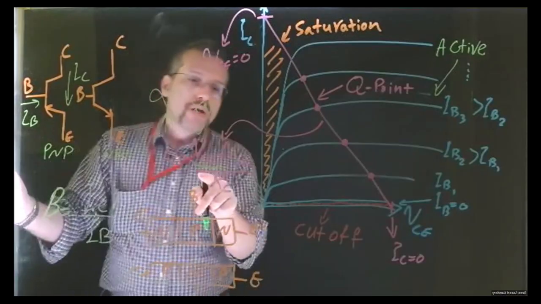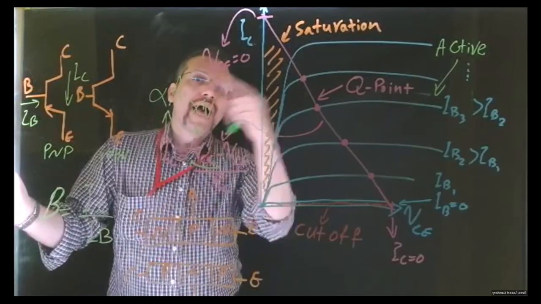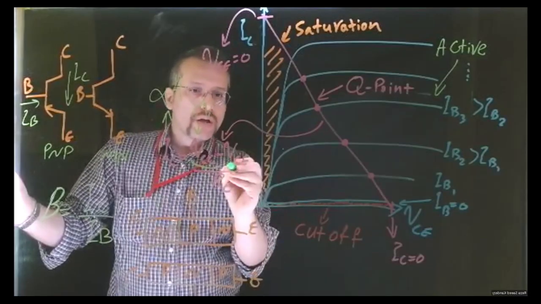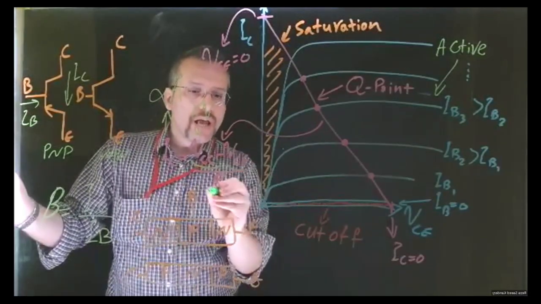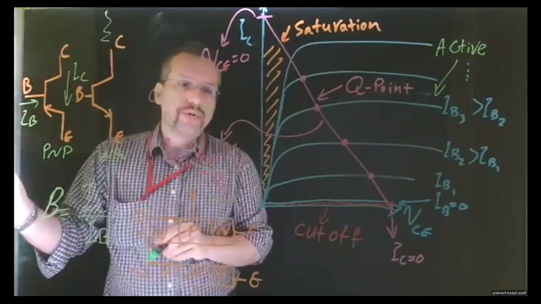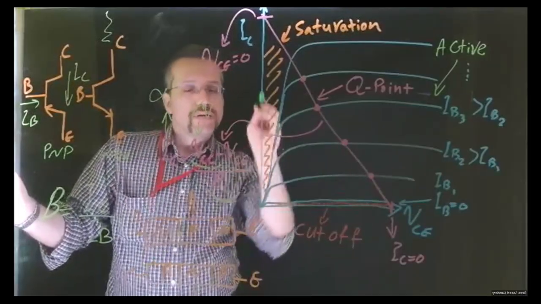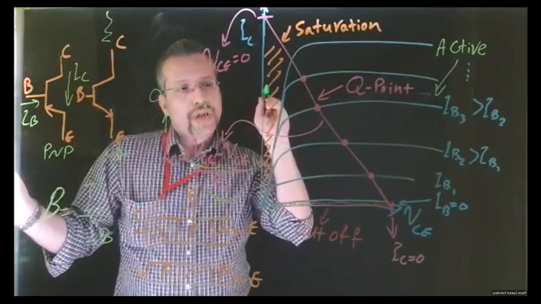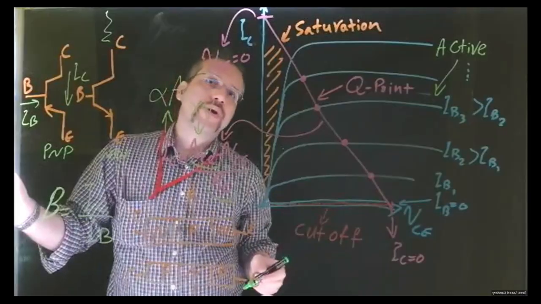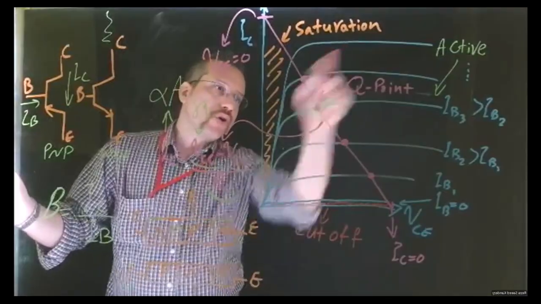In our circuit, we have to tune the VCE and the resistor that is in series in the collector in a way that we set exactly at the point that we want for the IC in our curve.